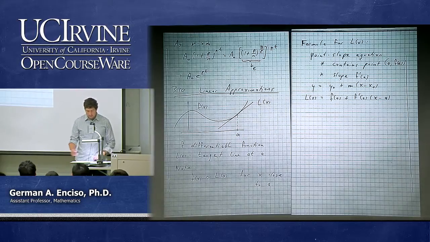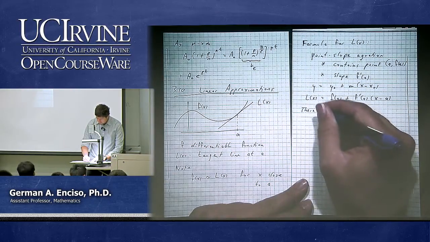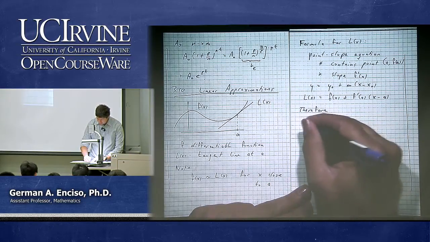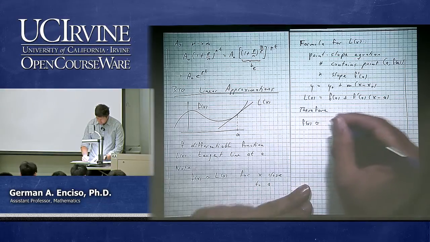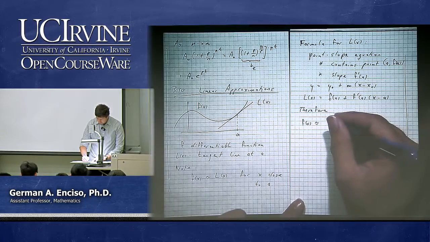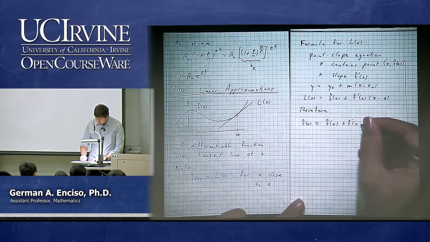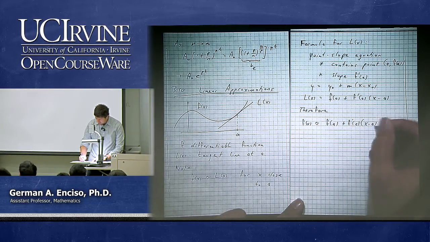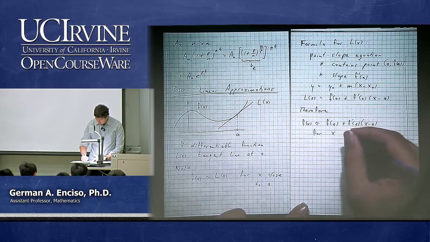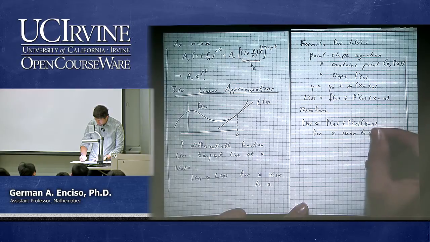Let's put it all together. That means that f of x is approximately equal to L of x, but we have a formula for L of x, so f of x is approximately equal to f of a plus f prime of a times x minus a, for x near or close to a.